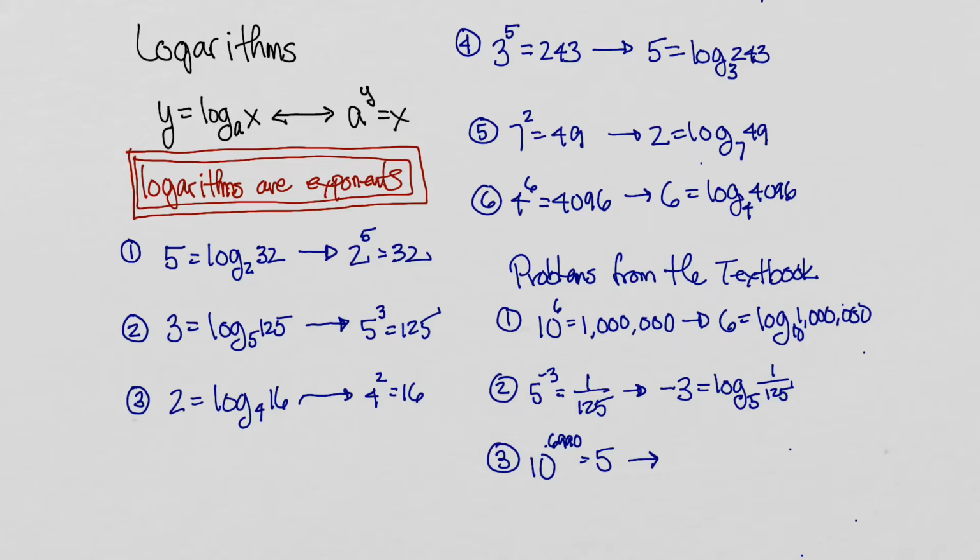And now here's our translation for this exponential form. 10 to the 0.6990 equals 5. We can translate this to logarithms by writing this. The logarithm is the exponent. The exponent here is 0.6990, the base is 10, and the number is 5.